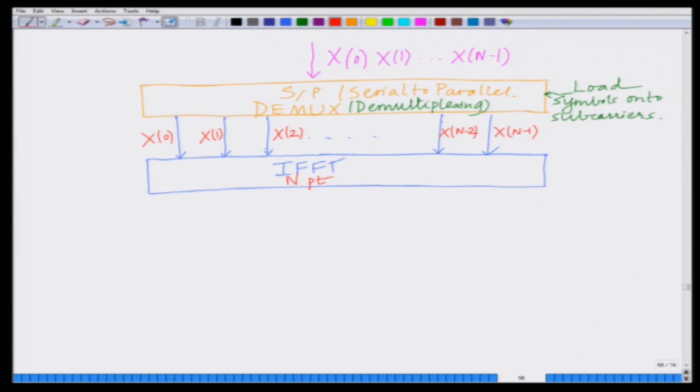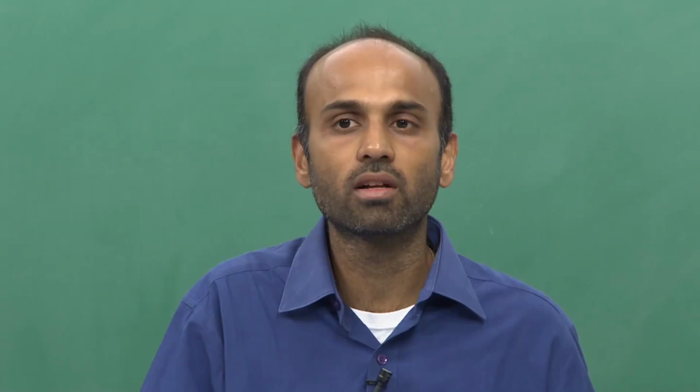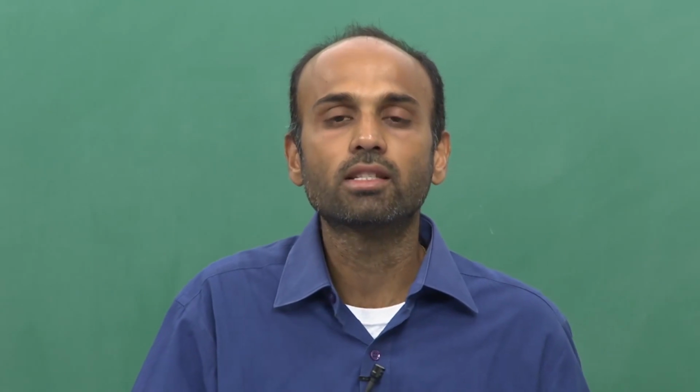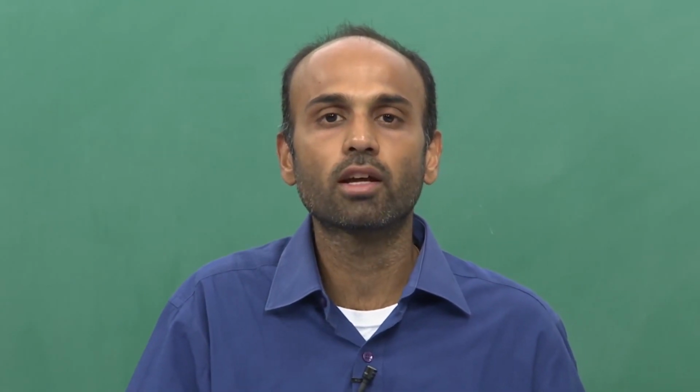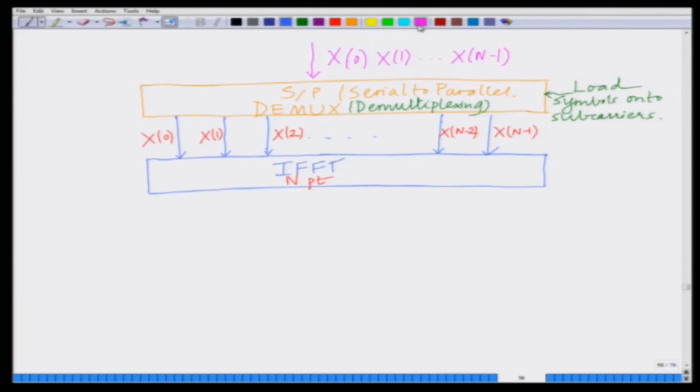I am loading them onto the subcarriers. I am taking the IFFT, the inverse fast Fourier transform of these symbols to generate the transmit samples which are small x0, small x1 up to small x N minus 1, remember, alright. You might recall that these then generate the transmit samples.